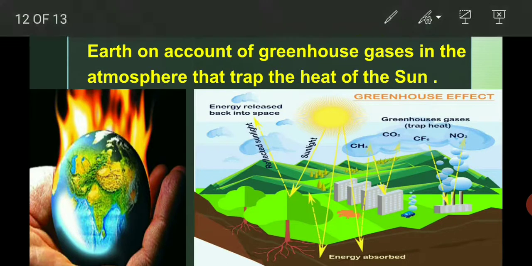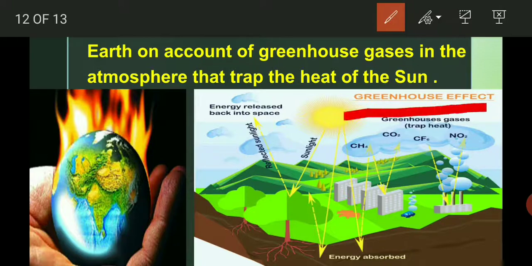Look students, here what is happening because of this greenhouse effect. Here the arrow marks are there. Because of these gases, the energy or the heat is trapped and absorbed here.